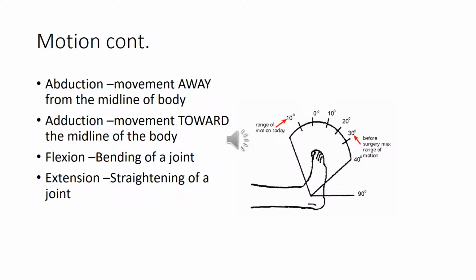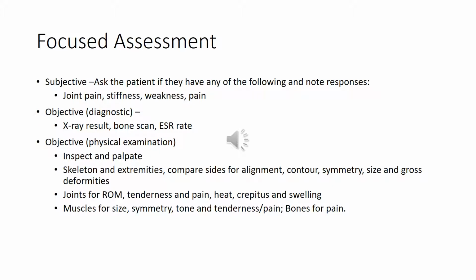Other terms that you should probably review are on page 1498. It's table 62.3. I just added the terms that are most frequently used here. I've already discussed most of these with the focused assessment, your subjective information.